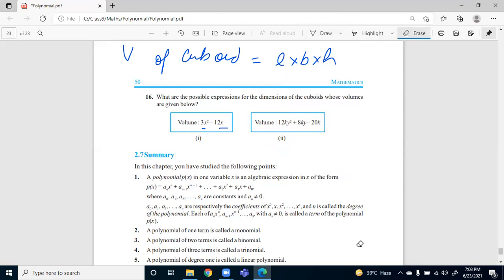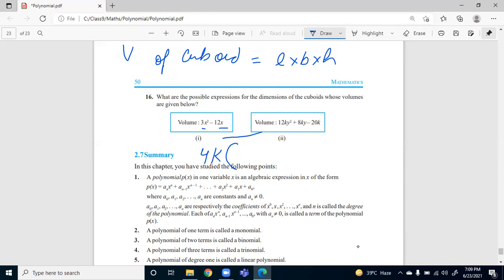See it more carefully. 2 is correct. What else can I take common? Ma'am, 4. Yes, I can take 4 common. What else can I take common? You can see in each term there is k. So you can take 4k as common.